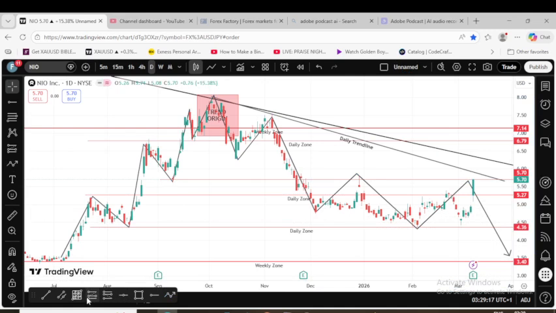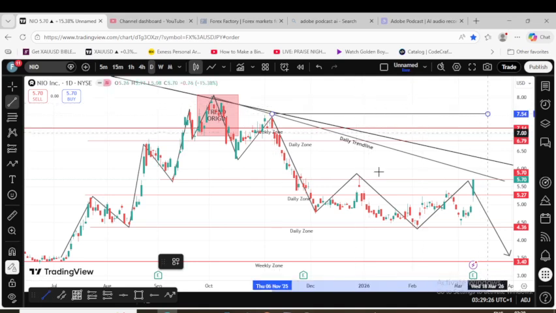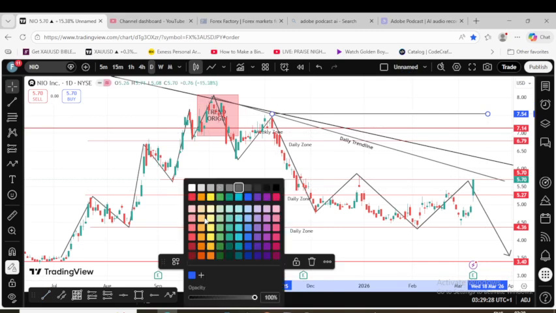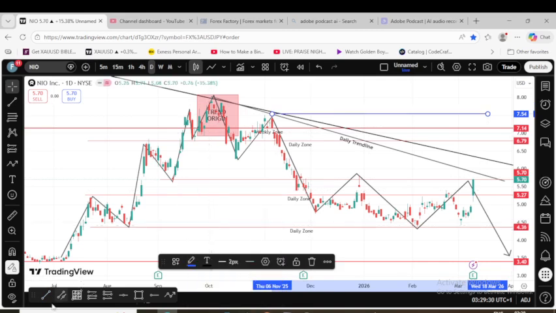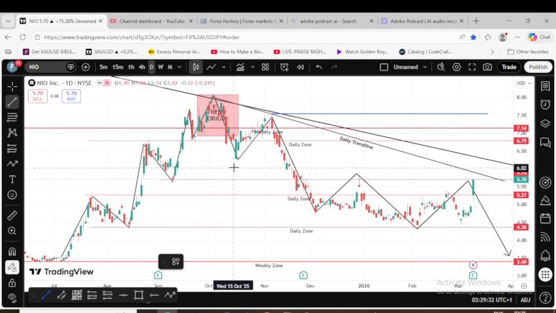So let's mark out our market structure, our swing highs and swing lows. Since this is a downtrend, swing highs can be referred to as lower highs on the way down. So that's a lower high. Right here we have a lower high.